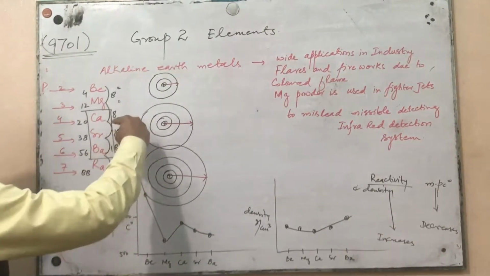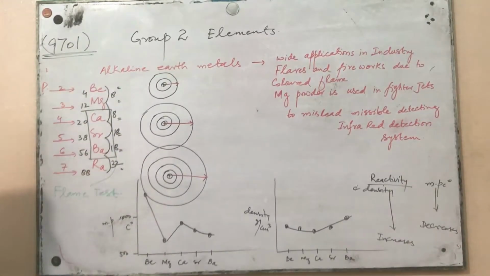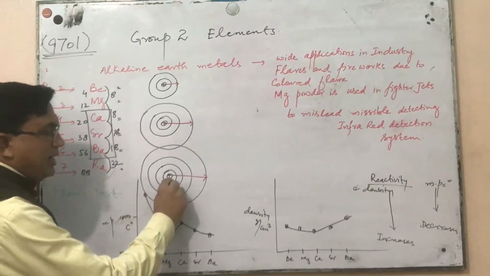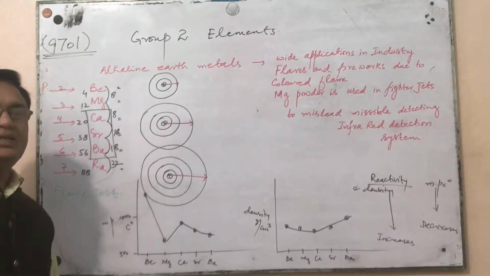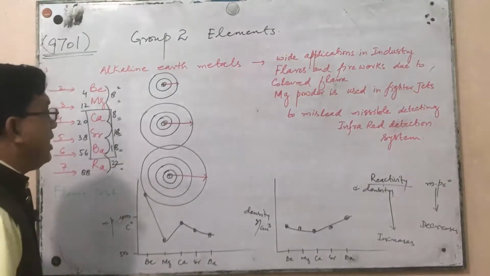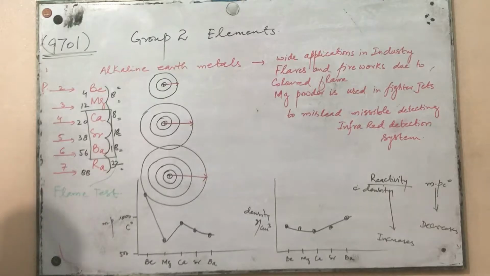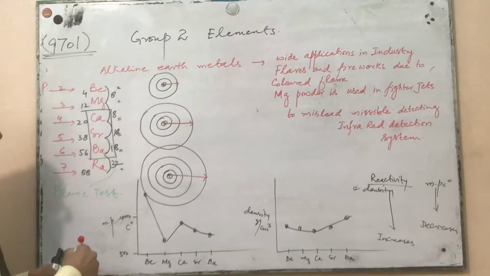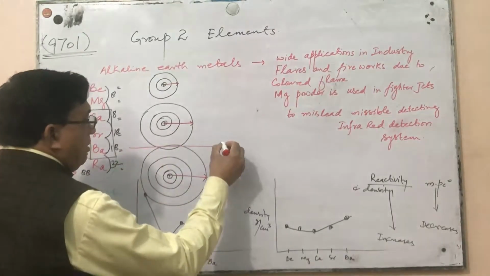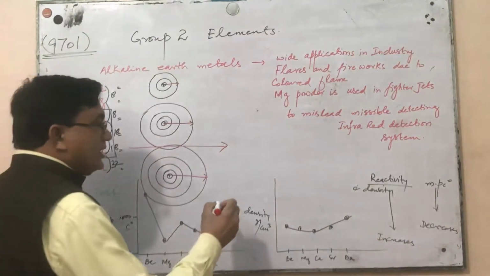Now, if we compare from top to bottom, beryllium to radium, as I have already explained, the loss of electron by the larger size atom is becoming easier. It means that we can say reactivity from top to bottom is increasing. Due to this reason, barium normally becomes much more reactive.